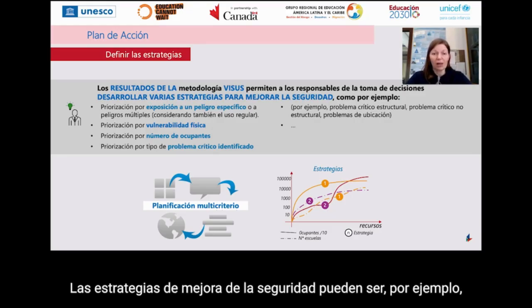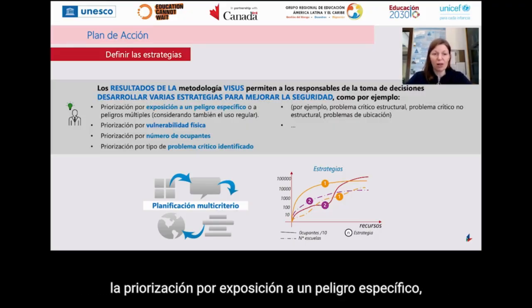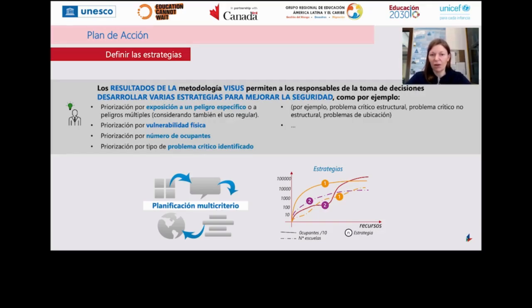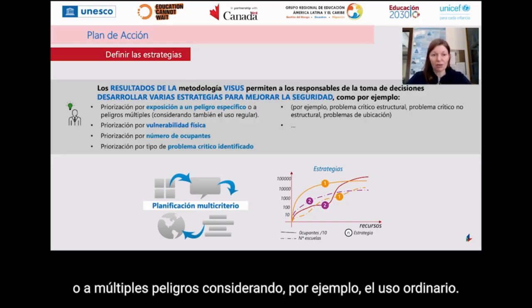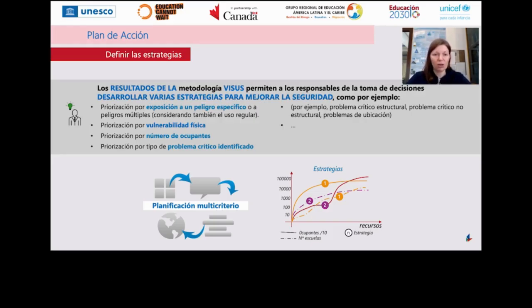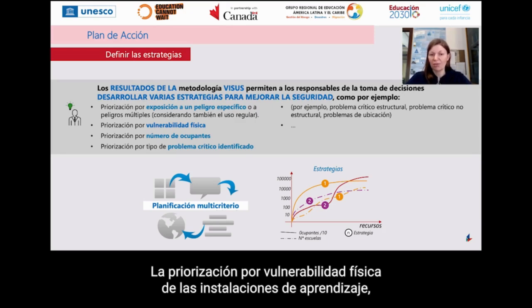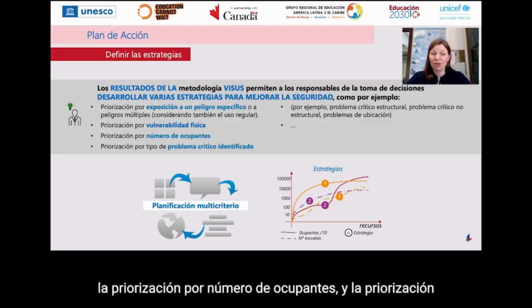The safety upgrading strategies can be, for example, the prioritization by exposure to a specific hazard or to multiple hazards, considering, for example, the ordinary use. The prioritization by physical vulnerability of the learning facilities. The prioritization by number of occupants.